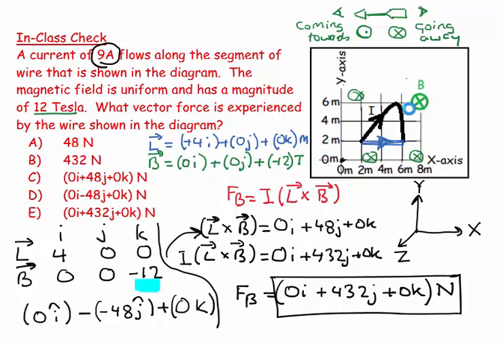Then I had to look at this symbol for the magnetic field and interpret it as meaning that the magnetic field was going into the paper, which means the negative z-axis. So I had to understand my axes orientations. And then having done that, I had to remember my equation and do a cross product. So there's a number of things involved there, but it's a nice question. So there we have it.